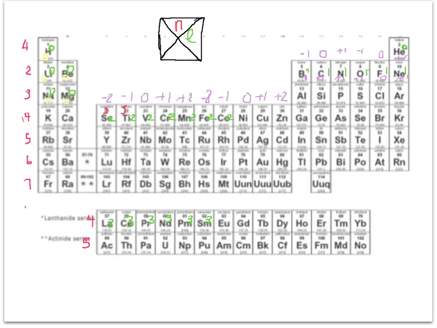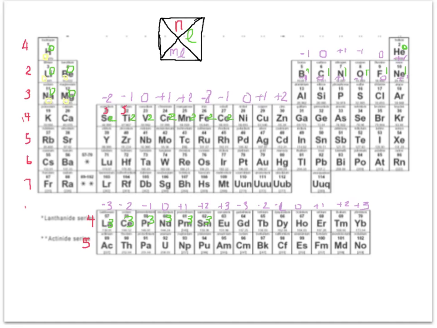In the F block, we'll start at -3, -2, -1, 0, +1, +2, +3. And then you continue again from -3 to +3. So that is our M sub L.